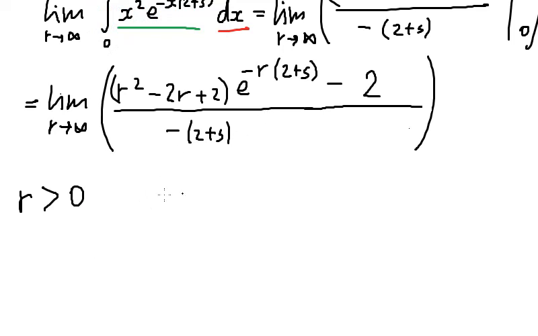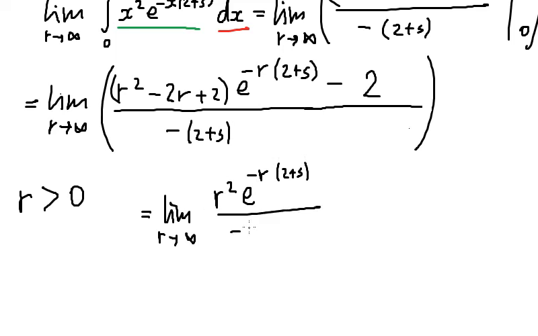We can break down the fraction into several of them and compute the limit of each of these. So we'll have the limit as r goes to infinity of, what's the first term there? r squared e to the power minus r times 2 plus s divided by minus 2 plus s.